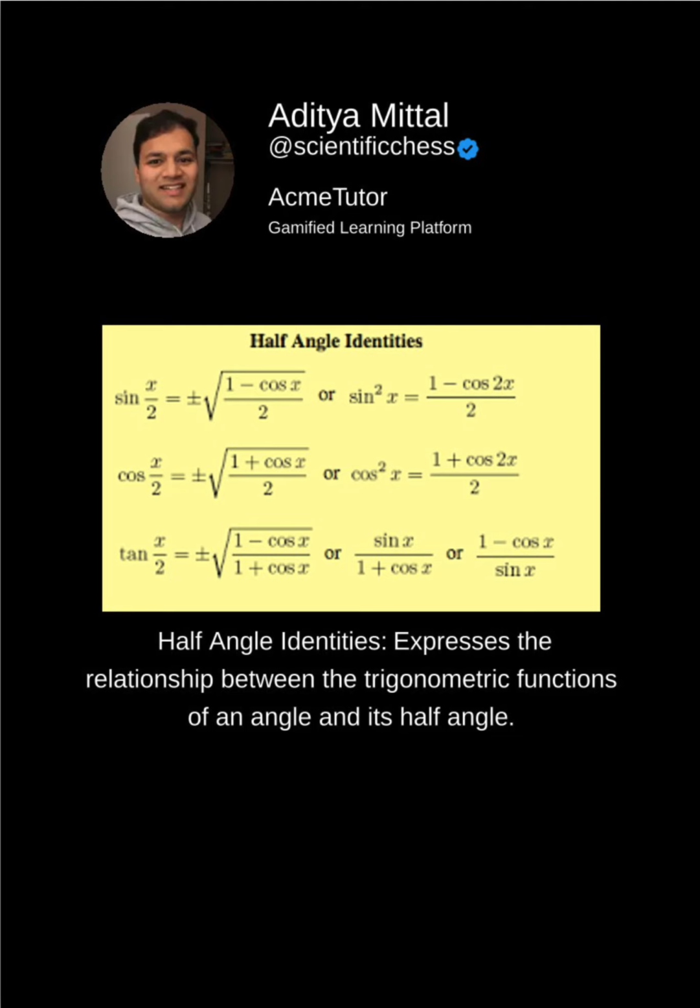There's a little bit more manipulation here that you would want to do to get from the first one to the second one, but given all the identities you already know, you can actually do that pretty easily.